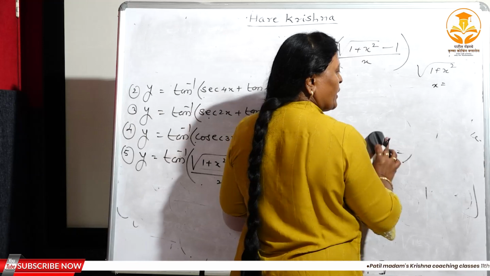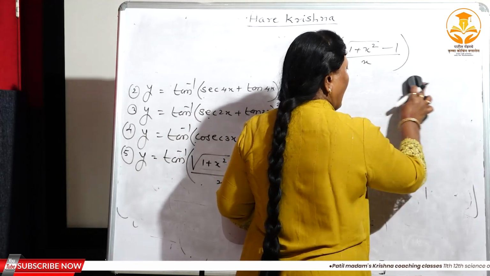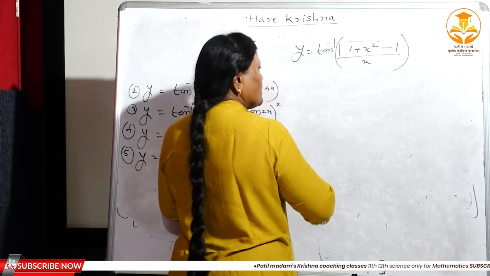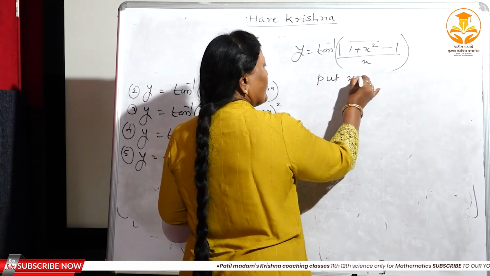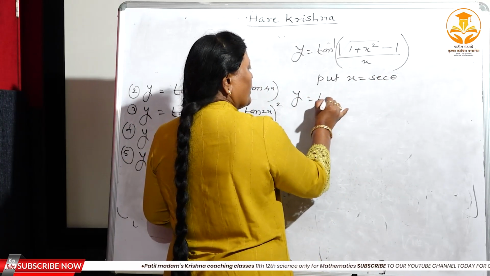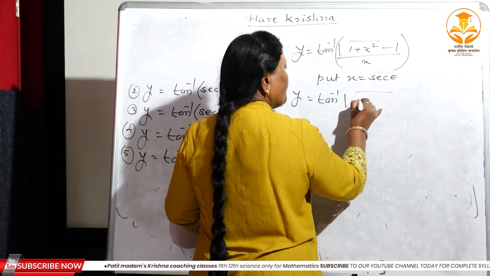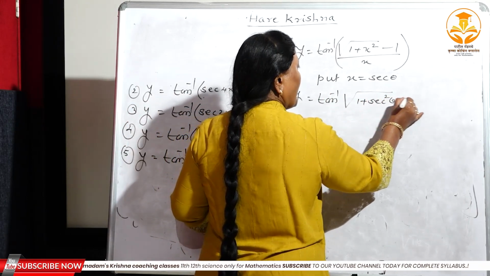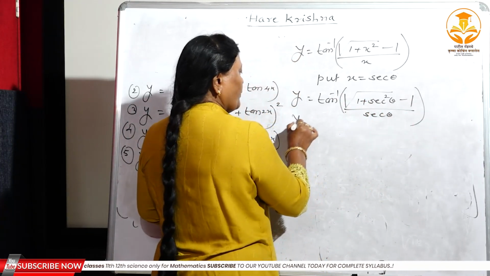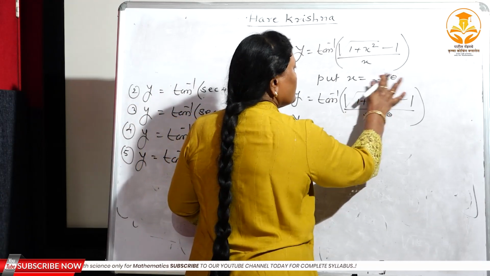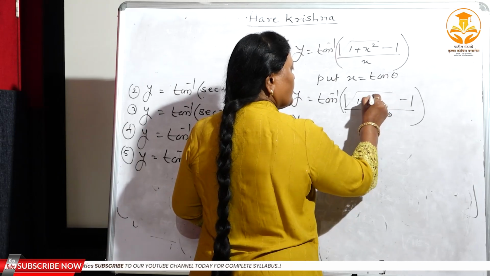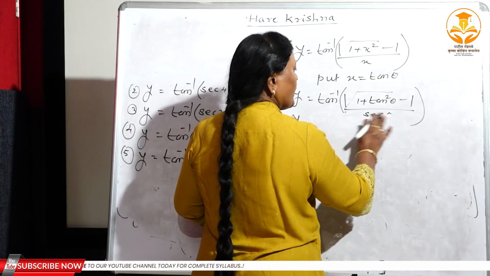Because 1 plus tan square theta is equal to sec square theta, and out of the root you have got sec theta. Therefore start with this, here put x is equal to tan theta, right? Therefore y is equal to tan inverse root of 1 plus tan square theta minus 1 divided by tan theta.